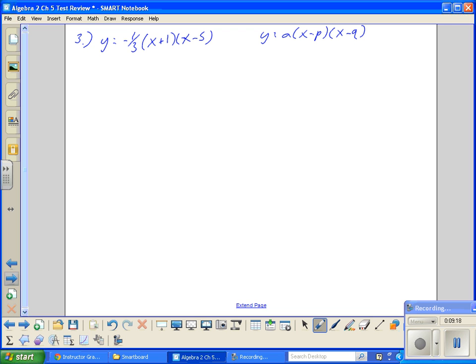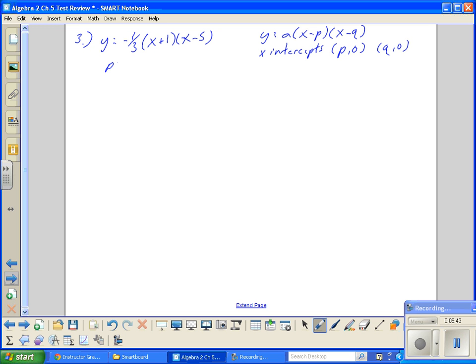When it's in that form, we know that we've got x-intercepts at the point (p, 0) and the point (q, 0). So we're able to pull out p and q and have 2 points on the graph real quick.